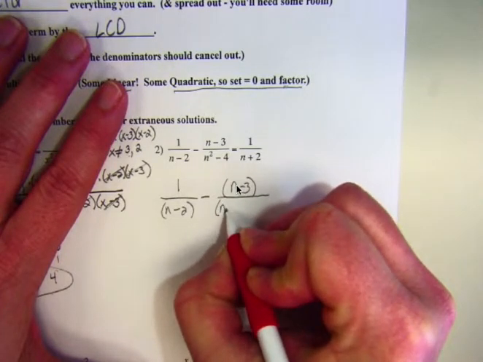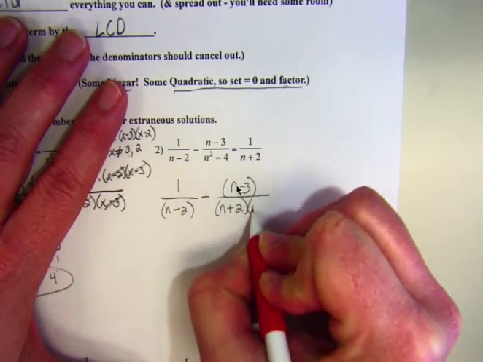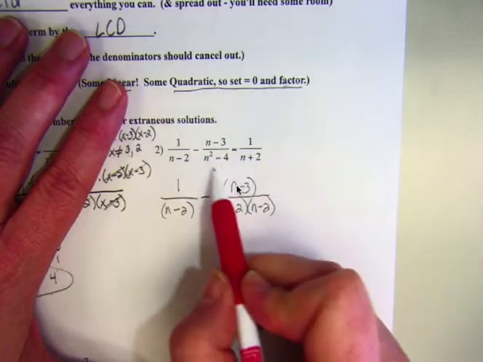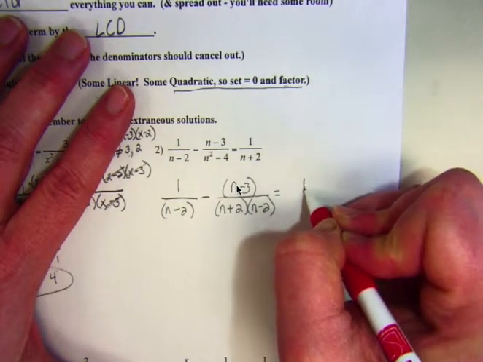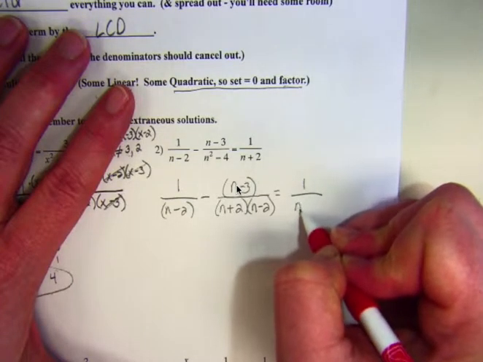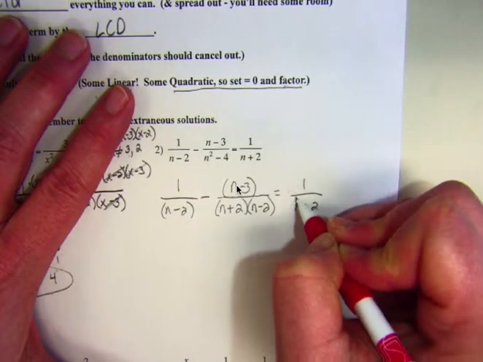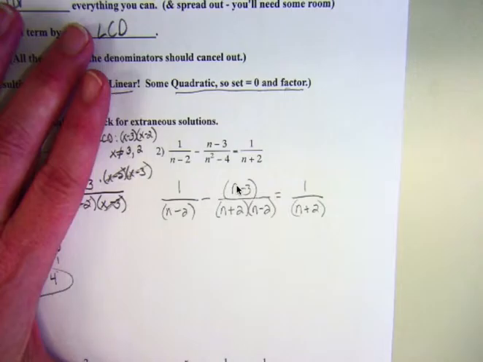I can factor the denominator, and that will be n plus 2, n minus 2, because it is a difference of perfect squares. And this fraction I cannot factor.